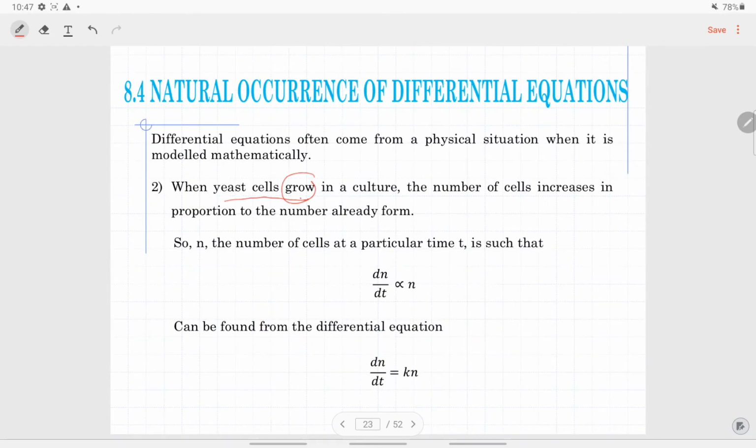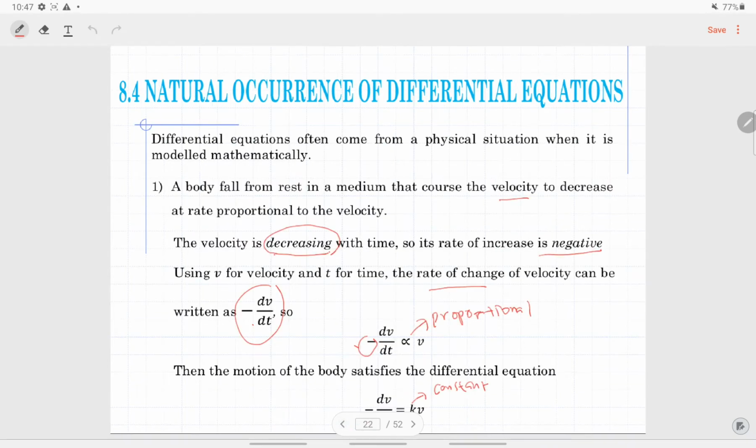If it grows in a culture, the number of cells increases in proportion to the number already formed. So n is the number of cells at a particular time t such that dn over dt is proportional to n. The number of cells can be found from the differential equation dn over dt equals kn. If it grows, it will be a positive value. When it decreases, it will be a negative value.